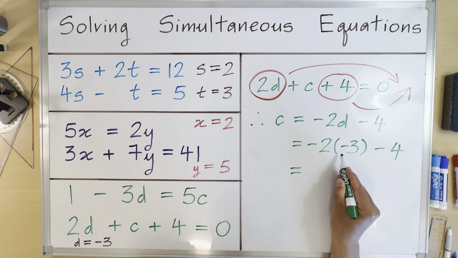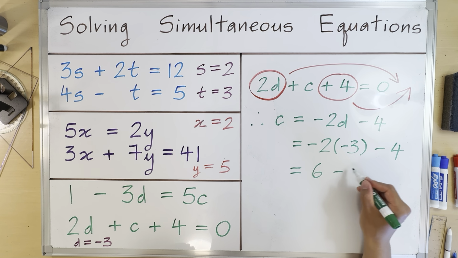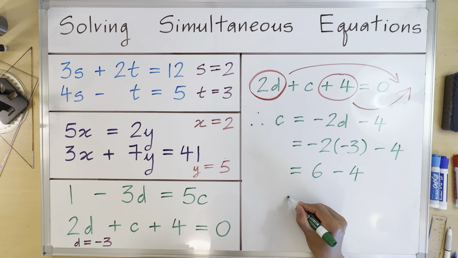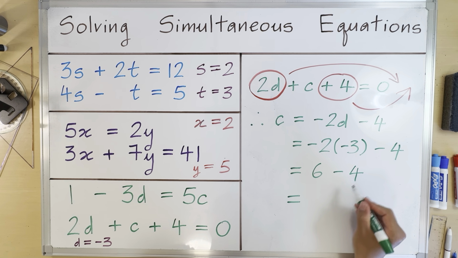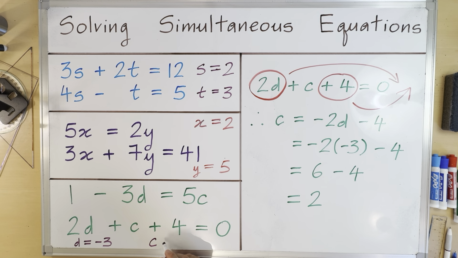Negative 2 times negative 3 gives us positive 6 minus 4. 6 minus 4 gives us positive 2. And so therefore, c is equal to positive 2. And this is how to solve simultaneous equations.